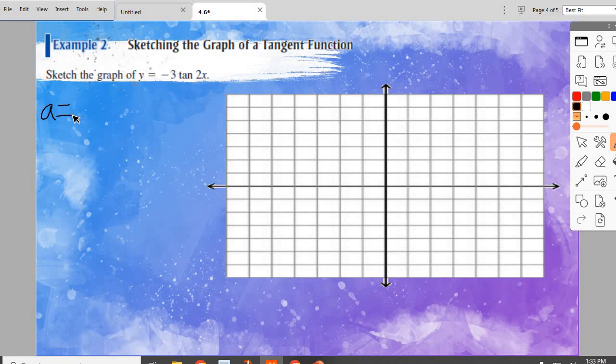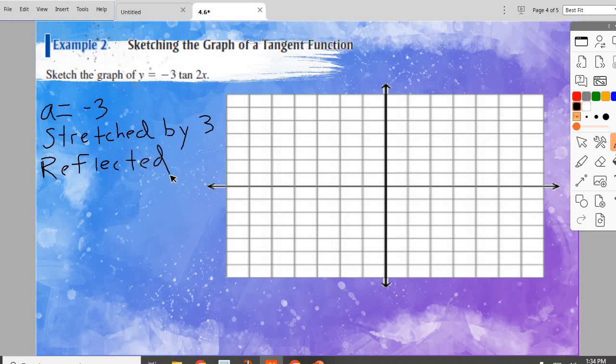What's our a value? Negative 3. So it means that it's been stretched by 3, right? What else happens because it's a negative 3? It is reflected.